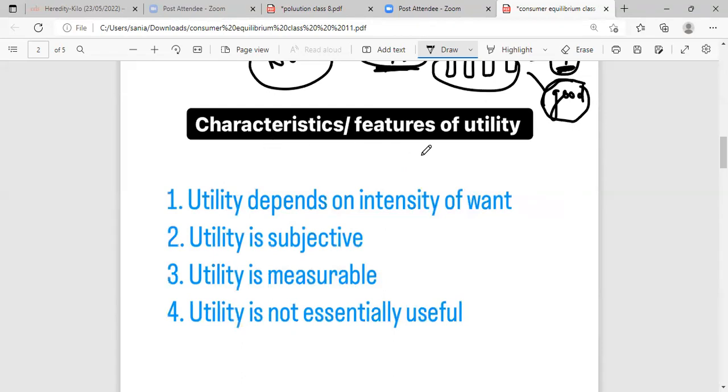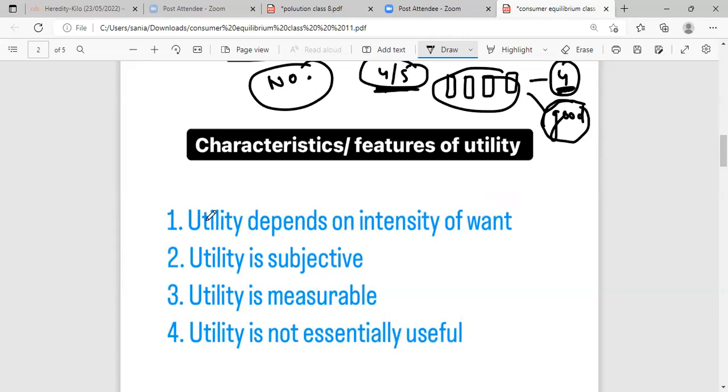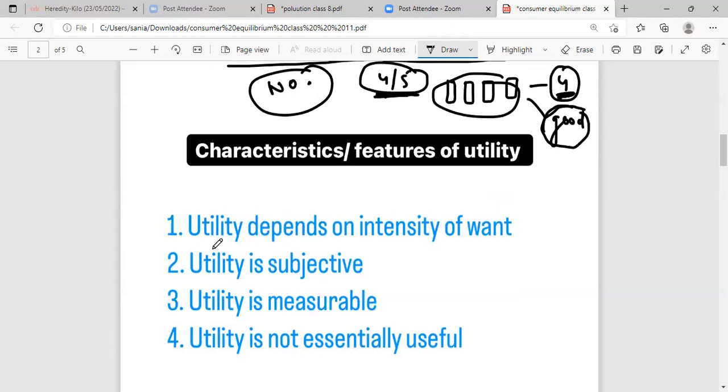Then come the characteristics and features of utility. You are not going to write the explanation over here, we will explain it all together.